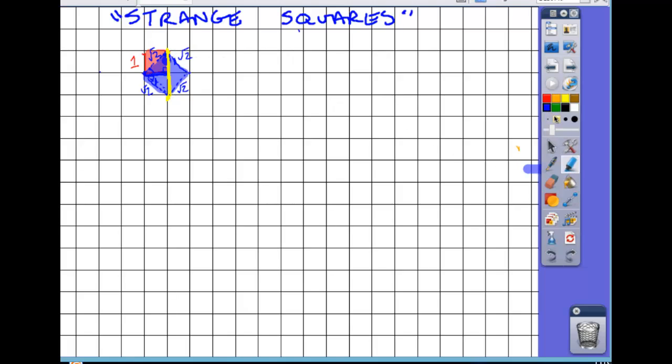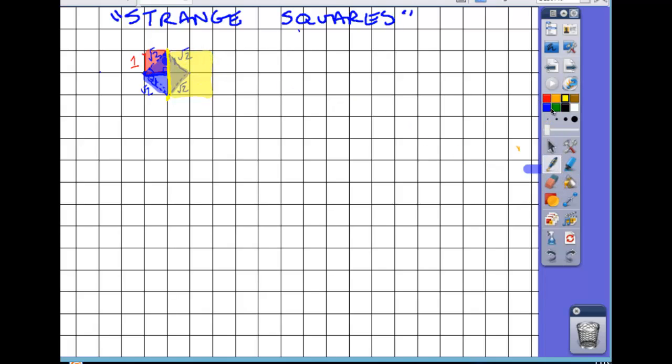So I can certainly now make another square. Let's go with yellow. I can certainly make another square based on that diagonal. If I draw out equal sides equal to that diagonal and I fill it in, I get a square.